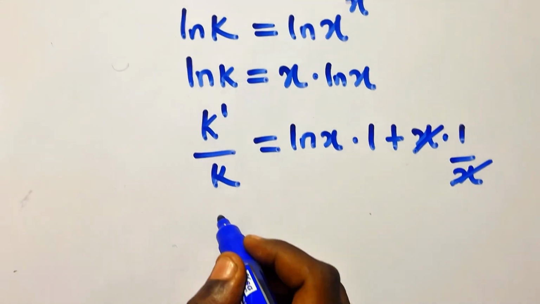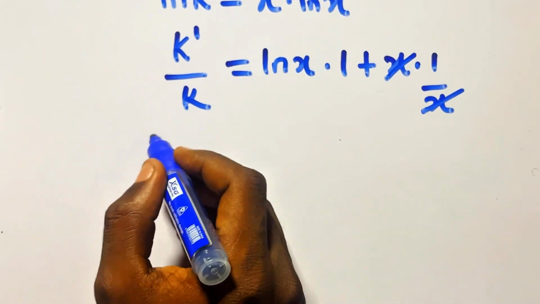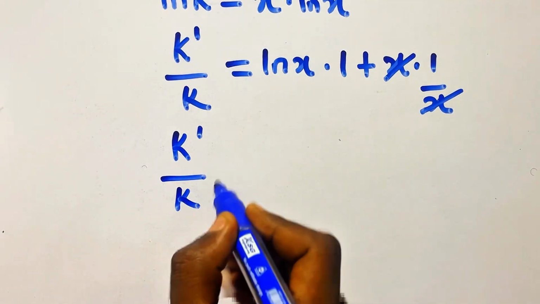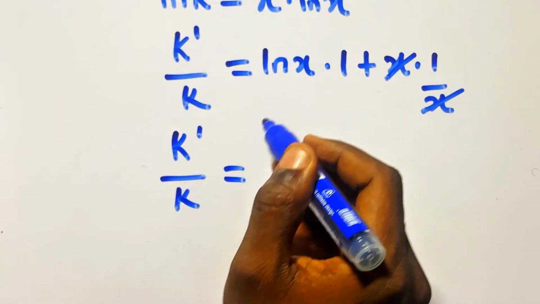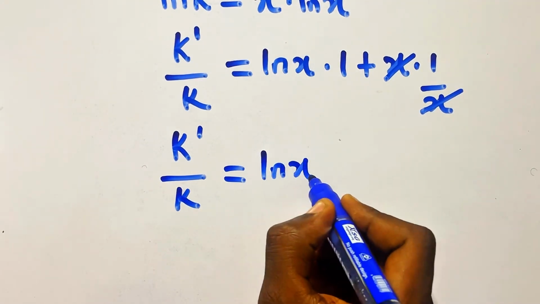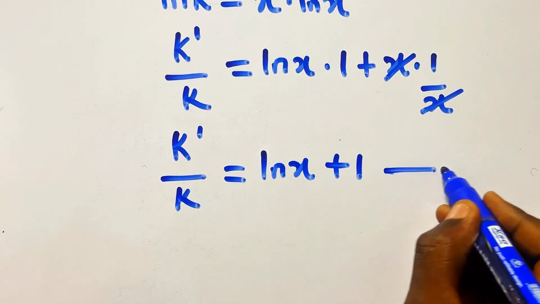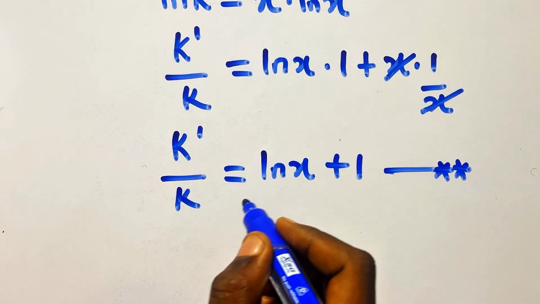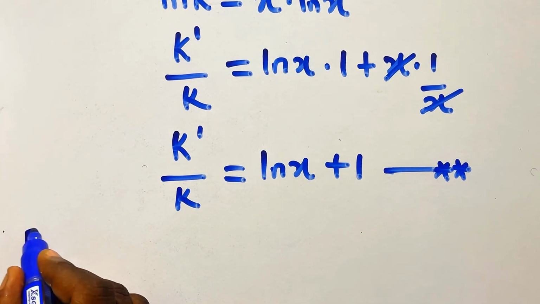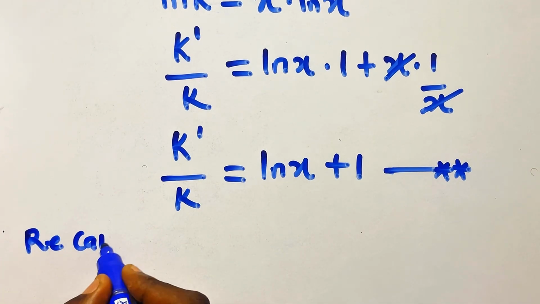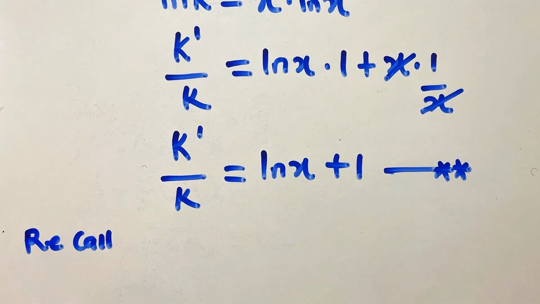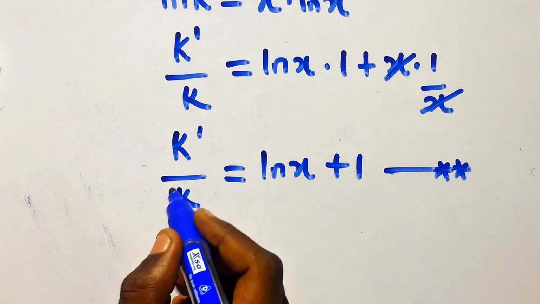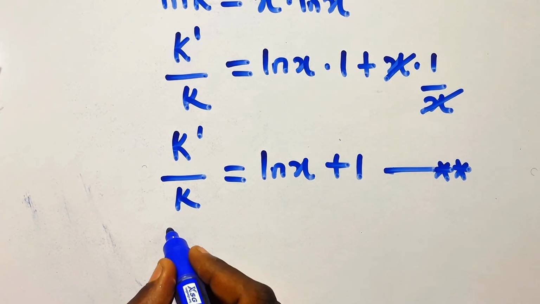We know this x will cancel out this 1 divided by x. So we are going to have k prime divided by k equals ln x plus 1. Let's call this equation double star.